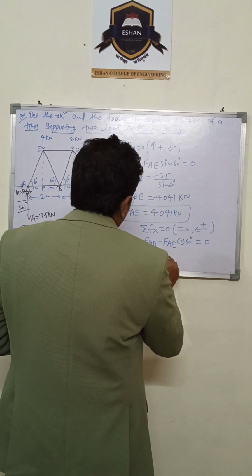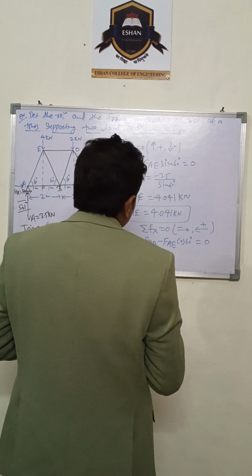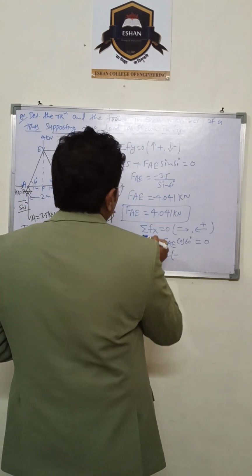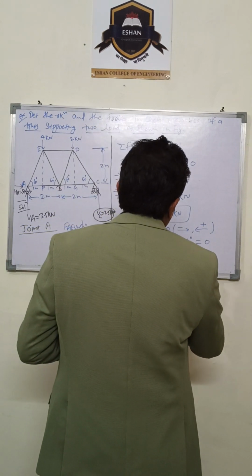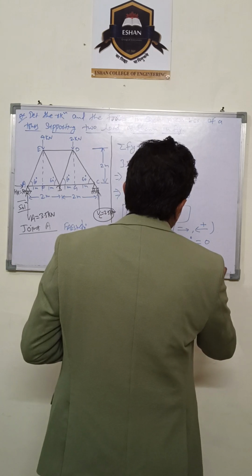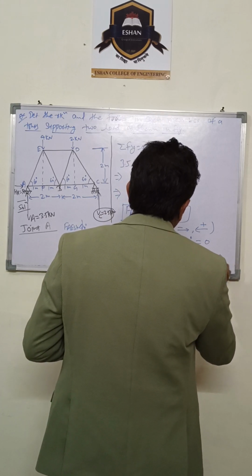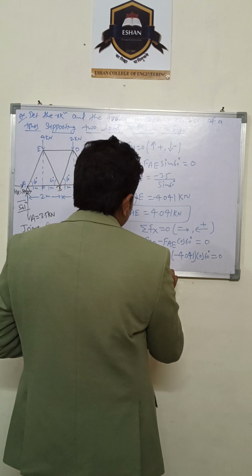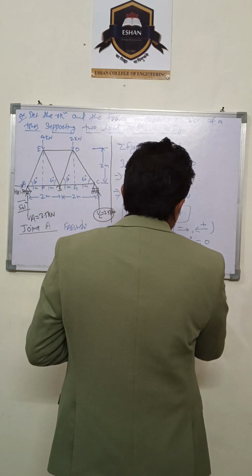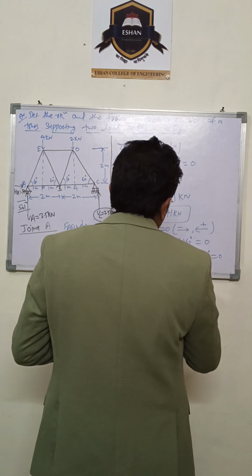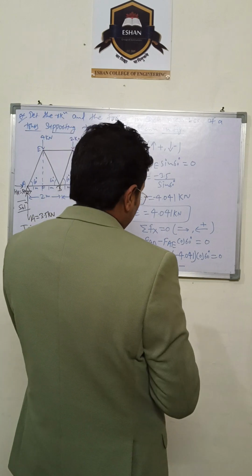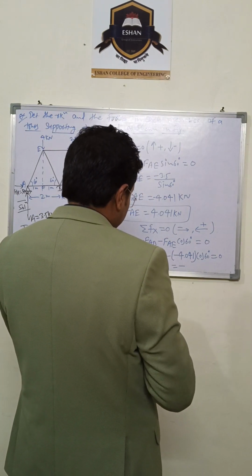Minus FAB is the unknown. Putting these values with the sign, minus FAB minus 4.041 into cos 60 equal to 0. So minus FAB equals, transferring to the right-hand side, minus multiplied by 4.041 into cos 60 degree.